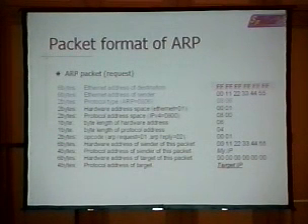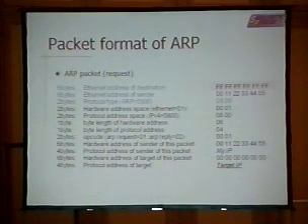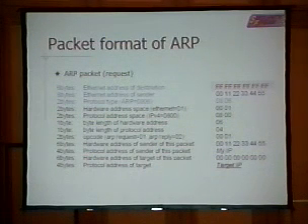This is the format of the ARP request packet. The format of the ARP reply packet is similar to this. The first 3 lines are headers of Ethernet. The first line is the destination address of the Ethernet packet.